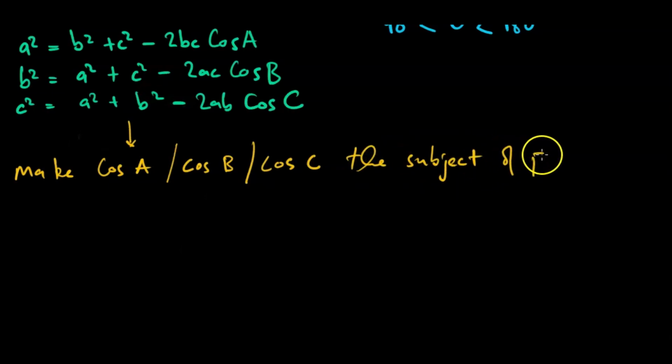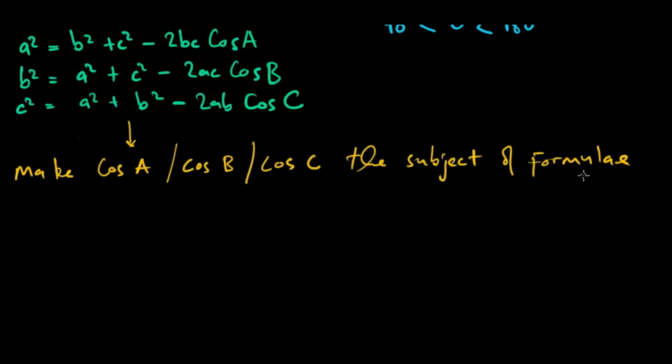The subject of formula. And when we say making anything the subject of formula, this is just a process of taking that something and isolating it so that it is equal to something.